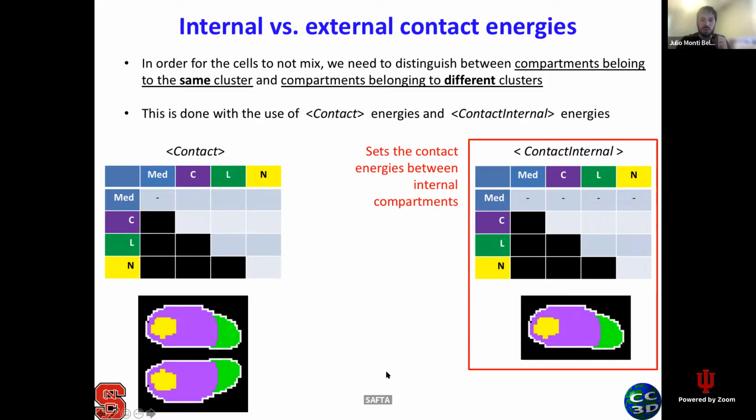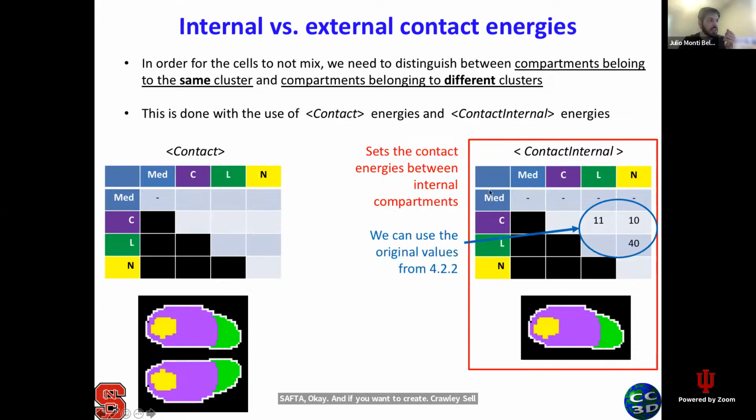And if you want to create a crawling cell like the one we made in the exercise with Gilberto, you can basically use the same original values that you would have used in exercise 4.2.2, okay? For the exercise that we're doing later, we can actually use the base code that you had at the end of module 4.2 with Gilberto.